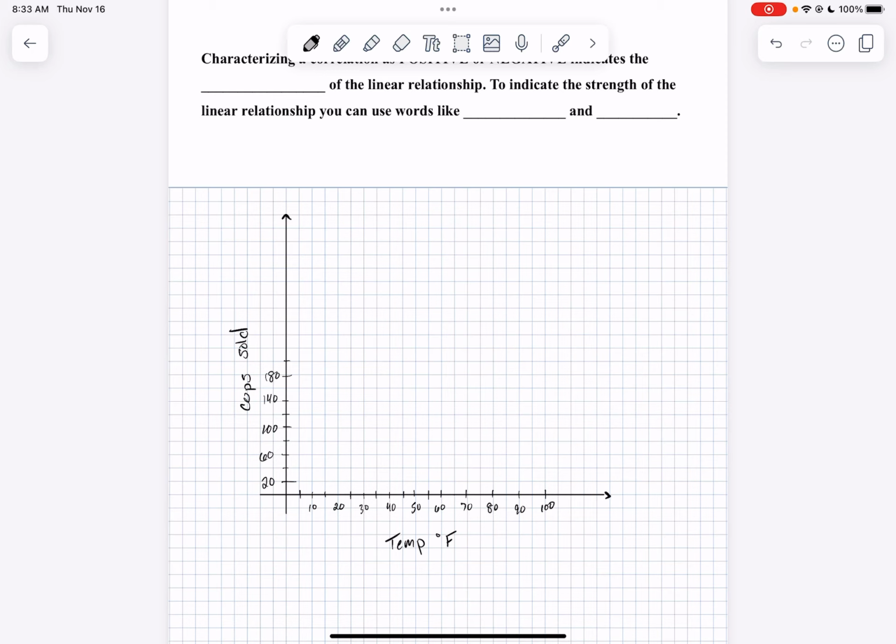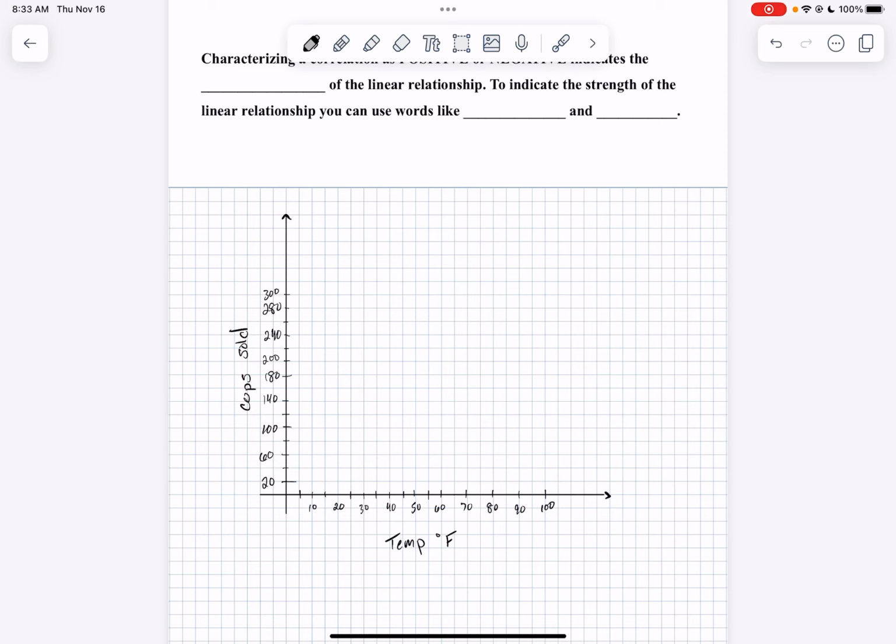Something's not looking right. 20, 40, 60, 80, 100, 120, 140, 160, 180, 200. Yeah, we're good. 220, 240, 260, 280, 300. All right, so I think we've got it.